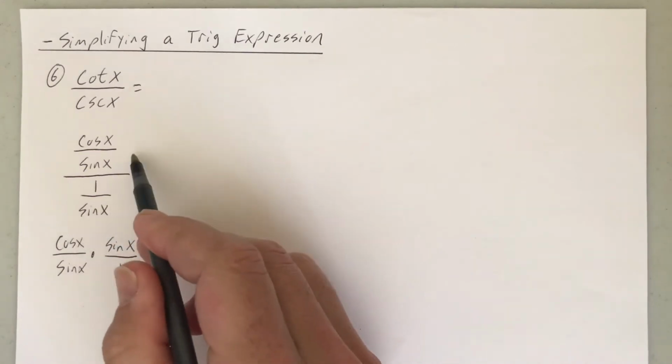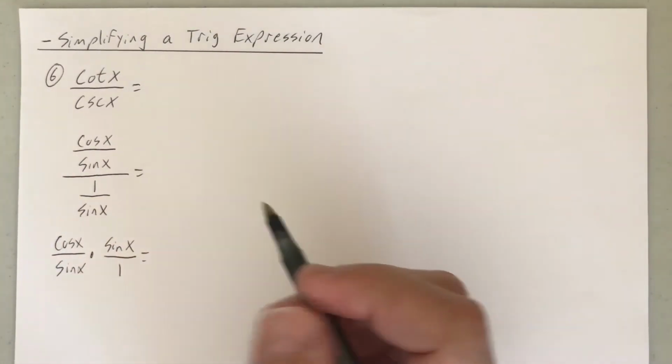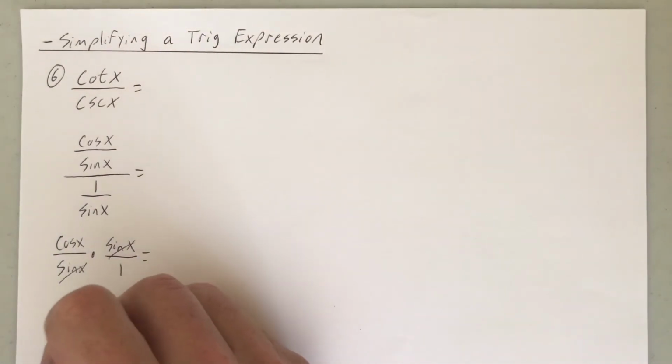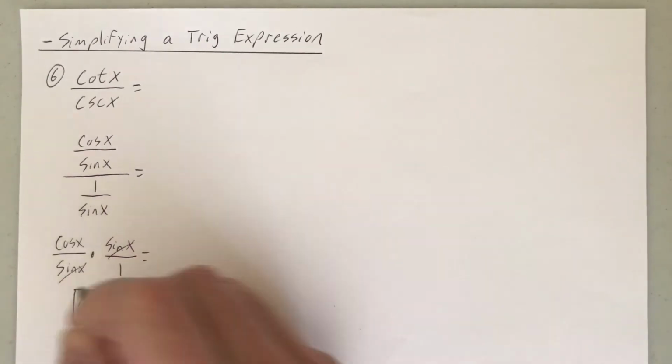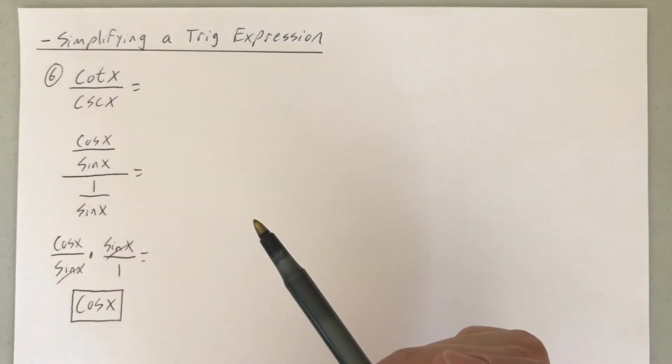Take the bottom one, flip it, and multiply. So then when I look here, I can reduce those, and that would just leave me with cosine x. So that is my simplified answer for cotangent x over cosecant x.